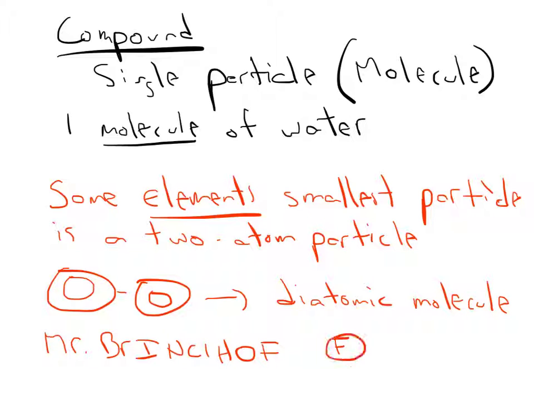So fluorine would look like this in nature, two fluorine atoms together. You rarely ever see these 7 as a single atom. They always exist as a pair of atoms.